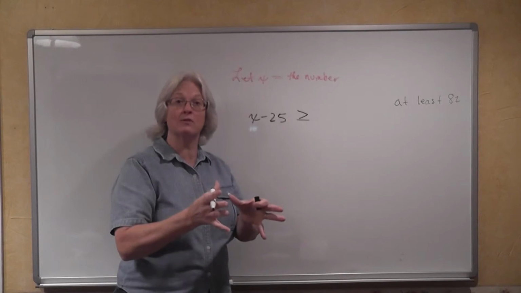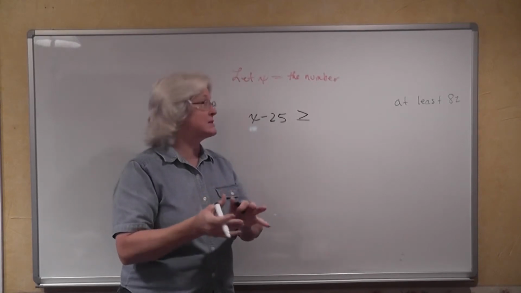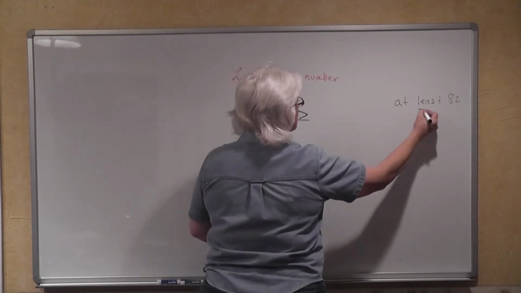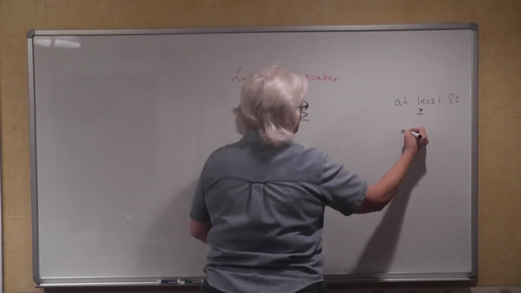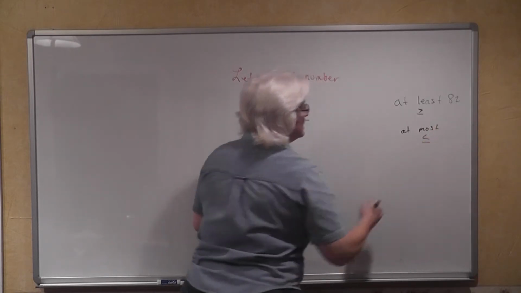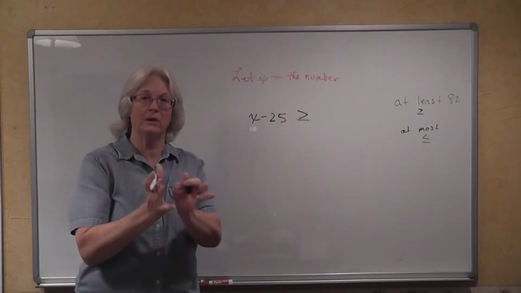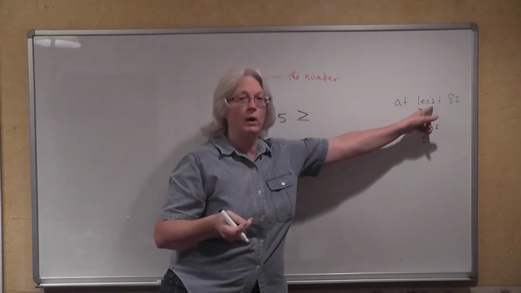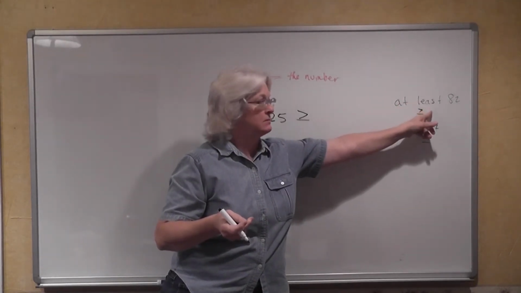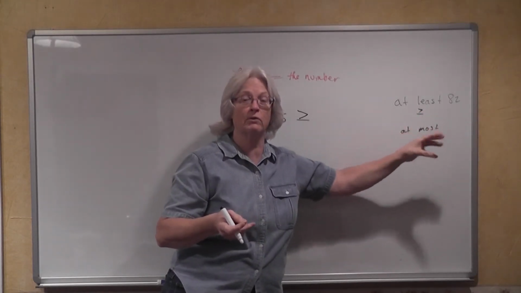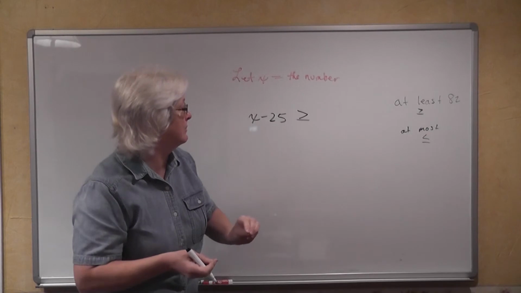I talked about this in the first video for this section. Said at least is greater than or equal to, at most is less than or equal to. And where we tend to get confused on these is we equate at least to be less than, at most to be more than or greater than, and that's not what we're talking about.